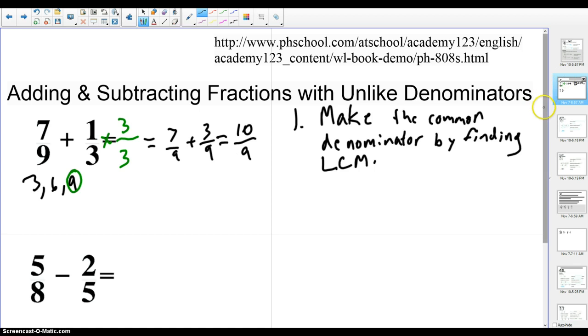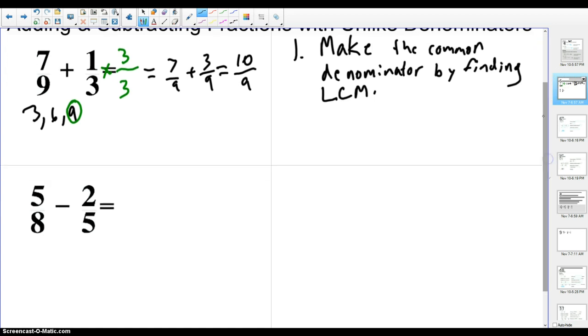Now our second example. We have 5/8 and 2/5. Now I think everybody in the room already knows that 5 and 8 aren't multiples of each other.